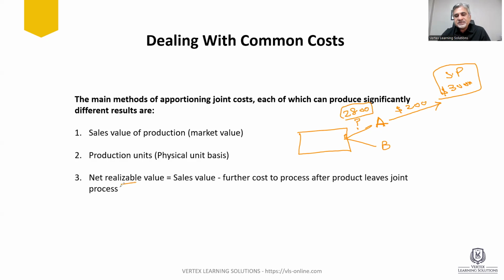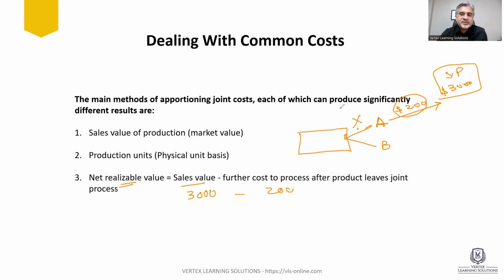We say net realizable value is sales value, which is 3,000, minus the further processing of 200. So 2,800, because I didn't know the value here. I only knew that if I add 200 more, it becomes 3,000.